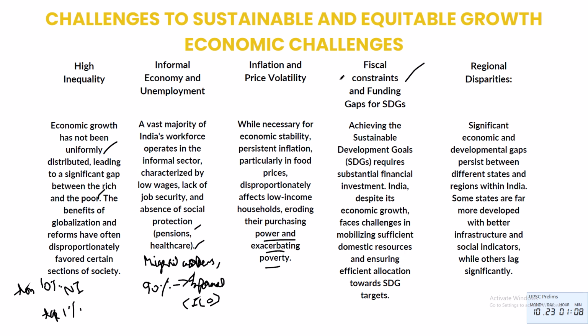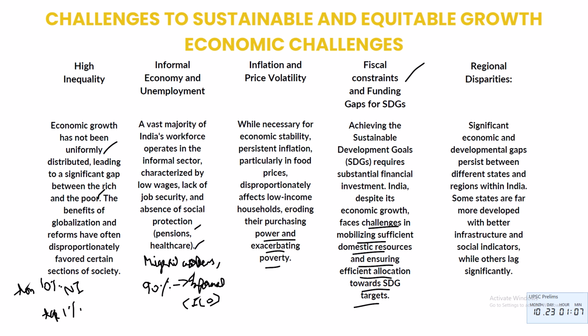Next one is fiscal constraints and funding gaps for sustainable development goals. Achieving the sustainable development goals requires financial investment. India, despite its economic growth, faces challenges in mobilizing sufficient domestic resources and efficient allocation towards SDG targets, like inadequate budget allocation for social sectors like health and education in some states, or inefficient utilization of funds.